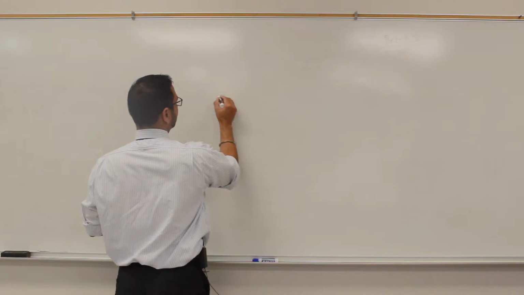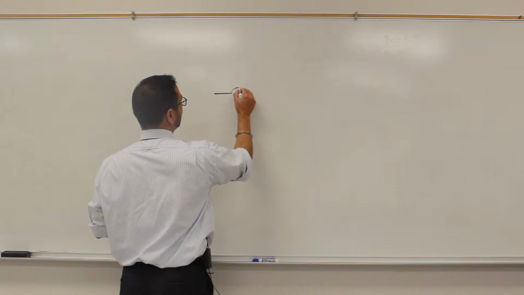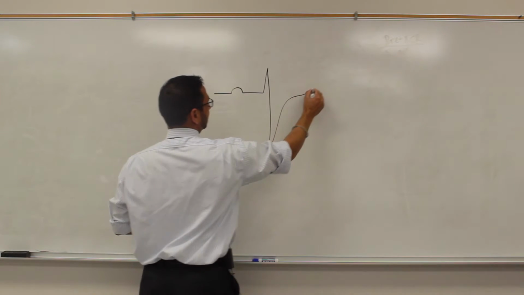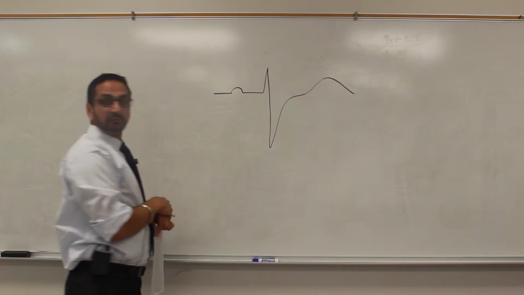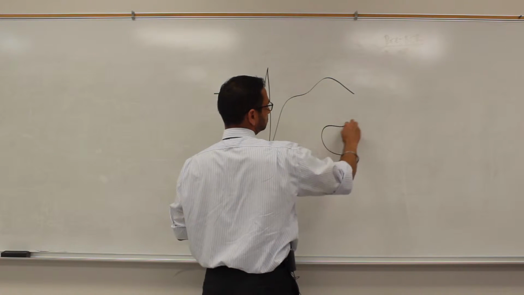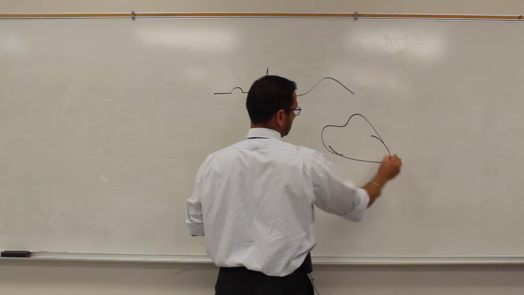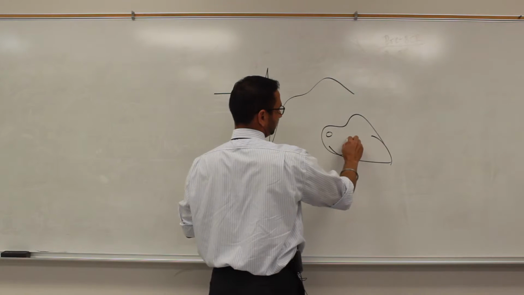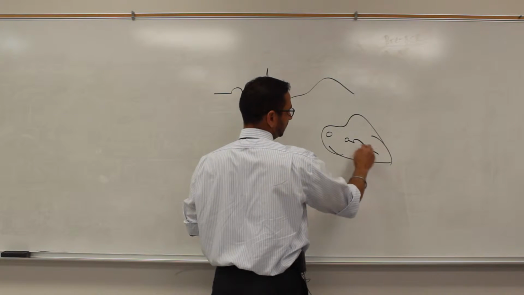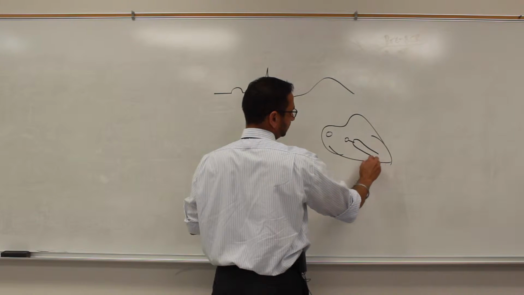What you should know on the EKG is you have a P wave, you have a PR interval, you have a QRS complex followed by a T wave. That's every EKG. That's your heart, that's your SA node, that's your AV node, that's your His, that's your left bundle and the right bundle.